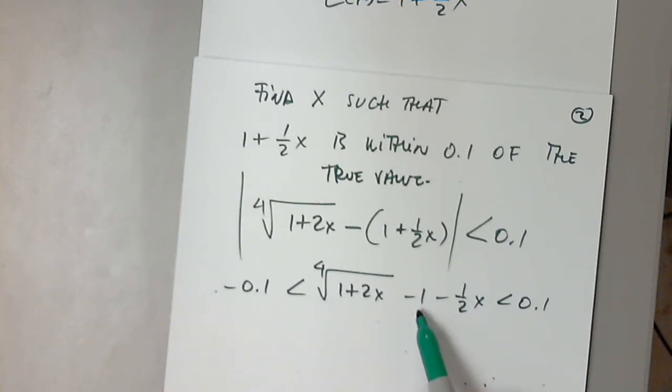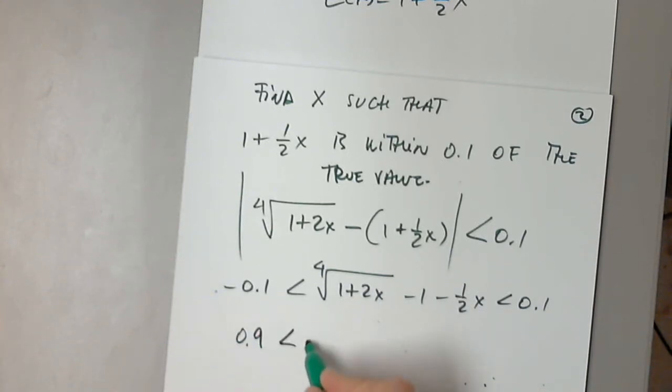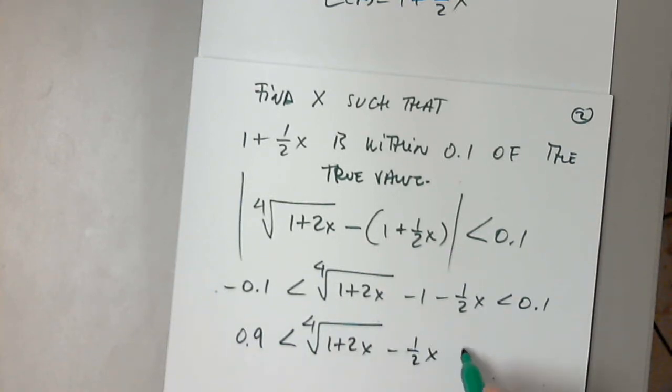And the only thing I can get rid of is by adding 1, and I cannot get rid of anything else. So when I add 1, I get 0.9 less than the fourth root of 1 plus 2x minus 1/2 x less than 1.1. We're not capable of solving such an inequality. We have to use the graphing calculator for this.